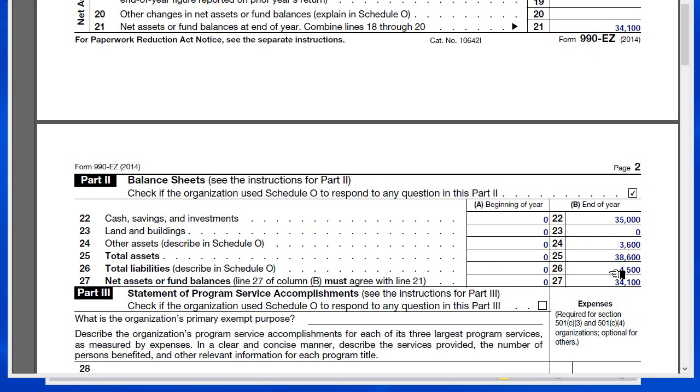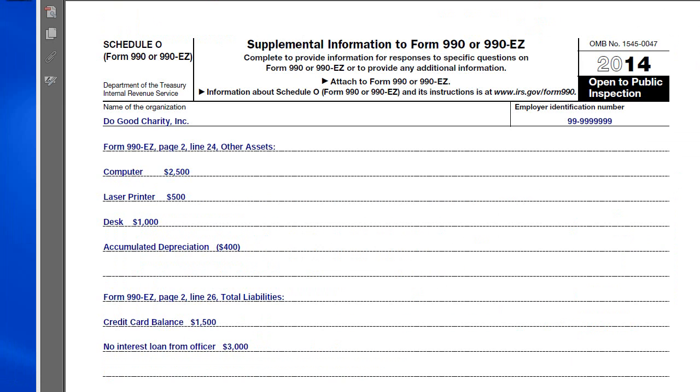So let's have a quick look at Schedule O. Schedule O is simply a blank form that goes along as an attachment to the Form 990EZ, and this is where we put various explanations. In this case, you see that we're titling our explanation here, Form 990EZ, page 2, line 24, other assets, just so the reader can know what it's referring to.